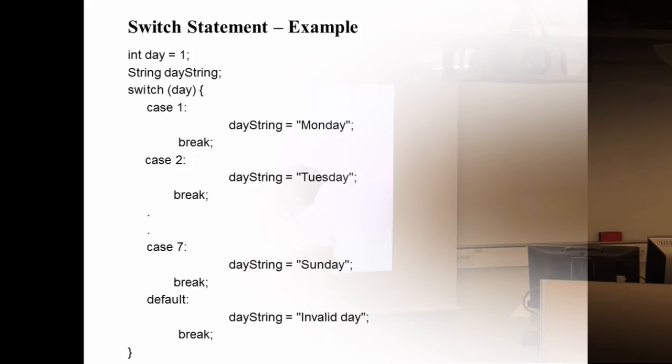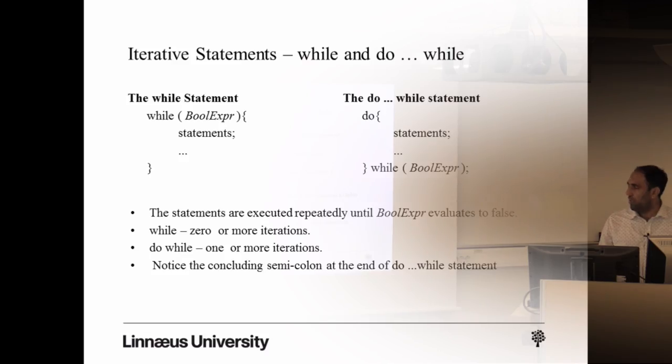Case 1 doesn't match the value 7, so it will jump to the next case. 2 doesn't match, so it keeps on, and then it goes to case 7, and here the value matches. So it will assign the value of Sunday to the day string, and then it breaks. But if you specify the day value as 0 or 8 or 9, which doesn't match any of these case statements, then in that case the default statement will get executed. So that's also one way to control the flow of your statements within the Java program.